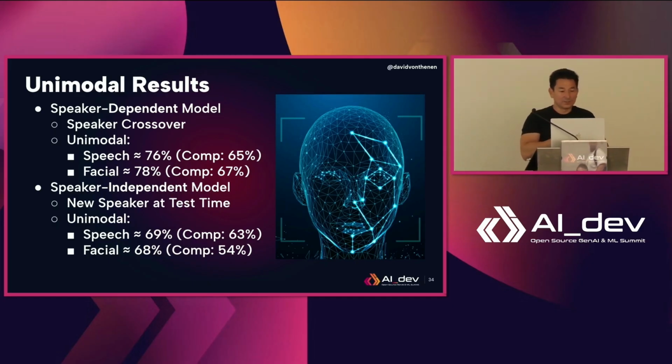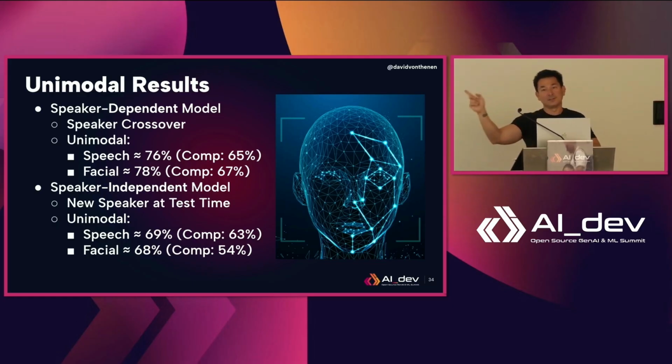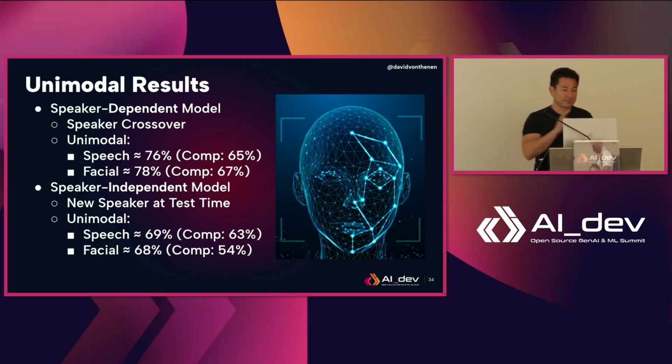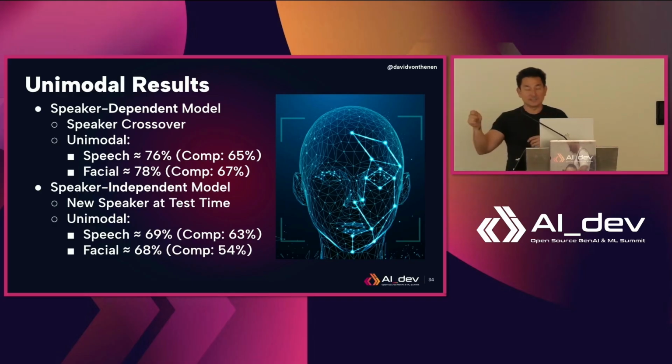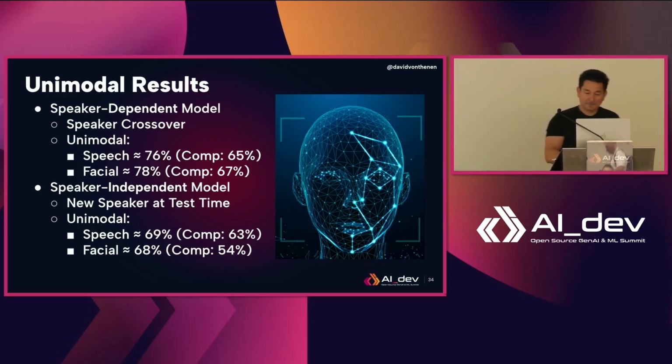The unimodal speech was 76% accurate. The facial one that we created was 78% accurate compared to the one in the original research paper. Speaker independent model was 69% accurate and 68% accurate on the facial portion compared to 63 and 54%.